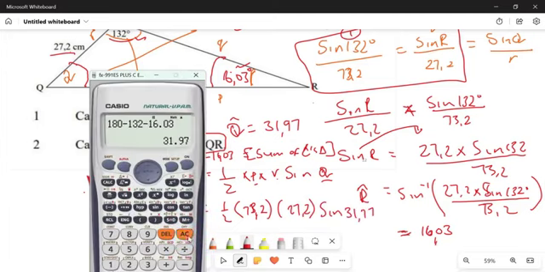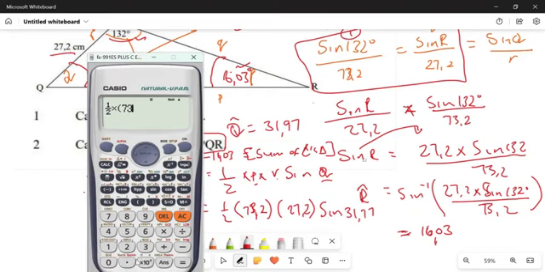You put this in your calculator: half multiplied by 73,2 multiplied by 27,2 multiplied by the sine of 31,97, and then you close your bracket.